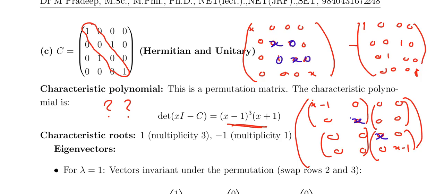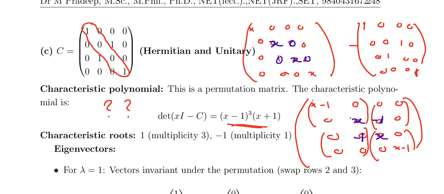So x minus 1 and this is the x, 0 minus 1. The first row: x minus 1, 0, 0. The second row: x, 0, x and minus 1, and 0 0, sorry 0, minus 1.